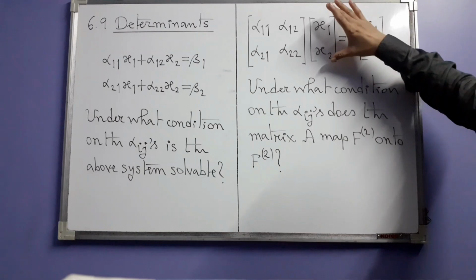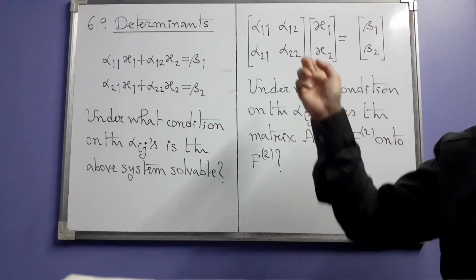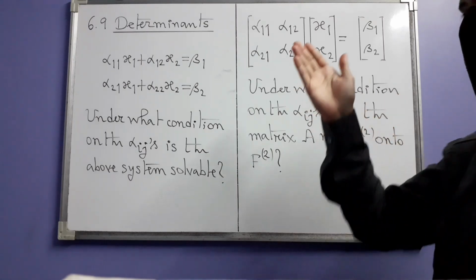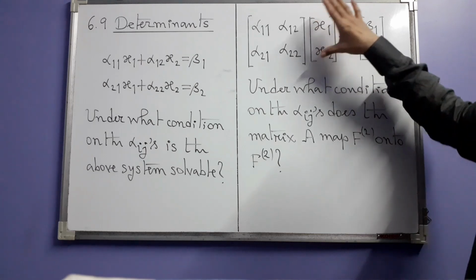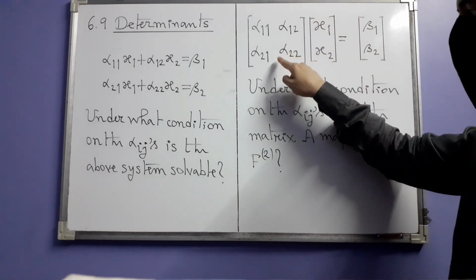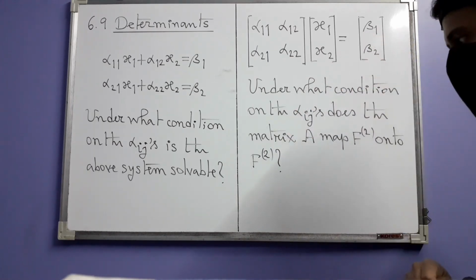You see, this is an unknown vector in F2, right? If we think of it as a matrix, in place of the ordered pair x1, x2, you are thinking of it as this column matrix. This is an unknown vector on which we are applying the matrix, and we are getting this known vector.